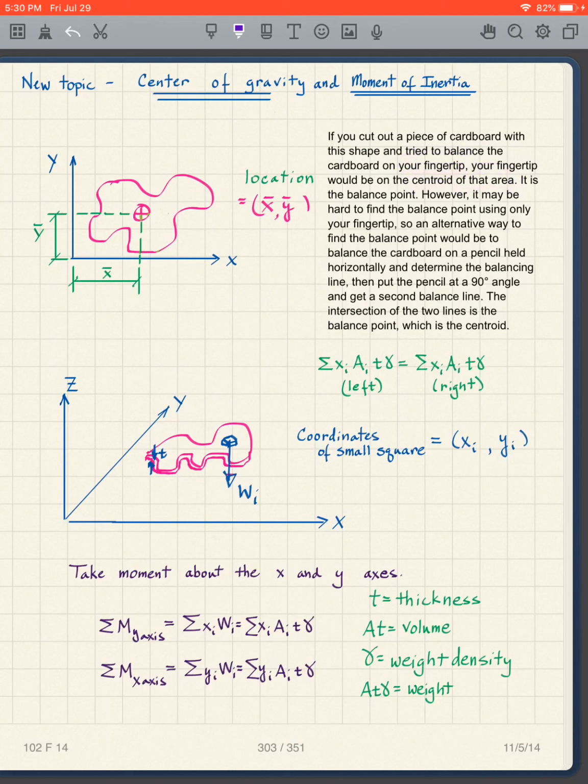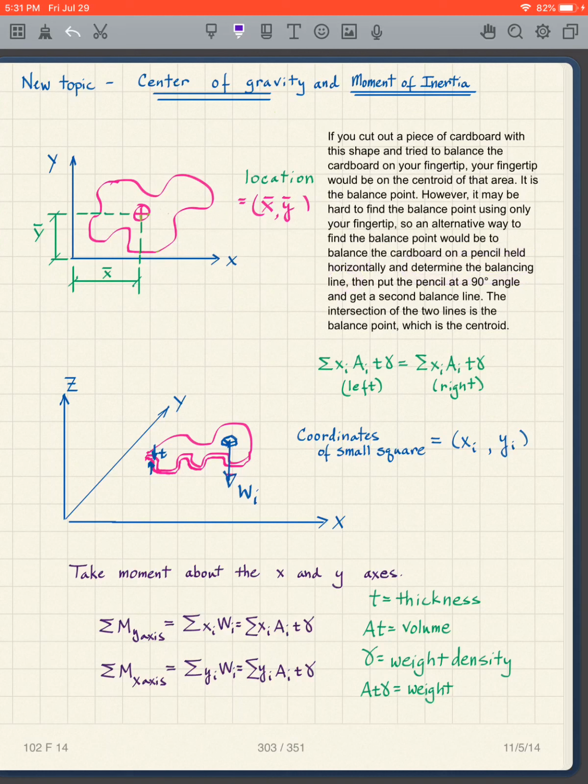Now, just to let you know, if you try this, it may be difficult to find that balance point using only your fingertip. An alternative way to find that balance point is to take a pencil and hold the pencil out horizontally and balance the cardboard on the pencil, and then you determine essentially a balancing line.